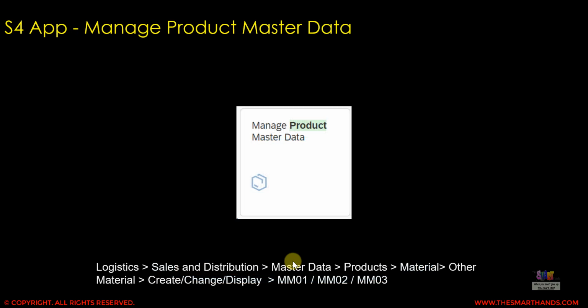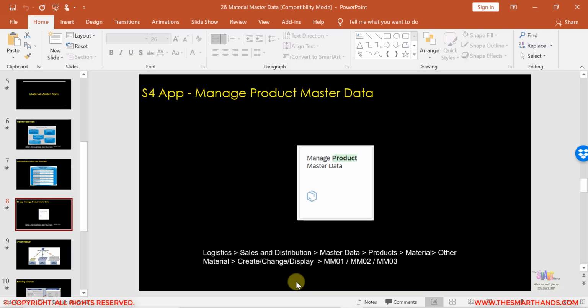This is the application Manage Product Master Data. If you want to create, change or display the material on the S4 app, you can do that, and we can also maintain the same using the GUI with the MM01 transaction. So I'm going to show you both how we can maintain it in the system.